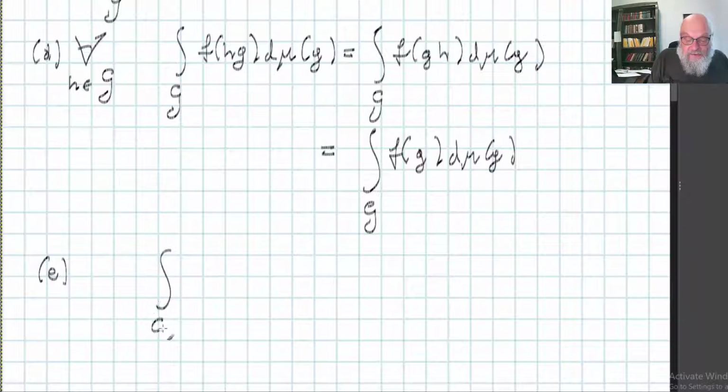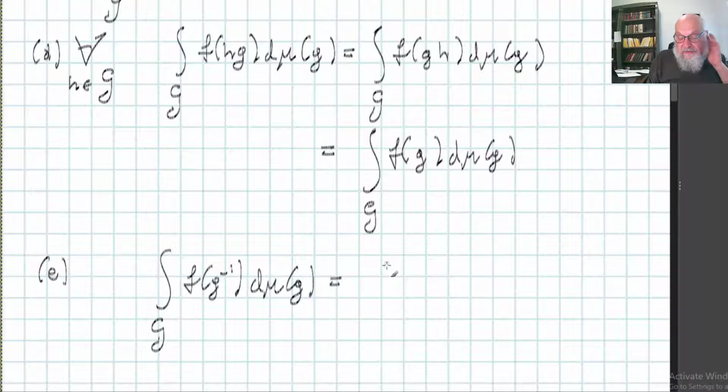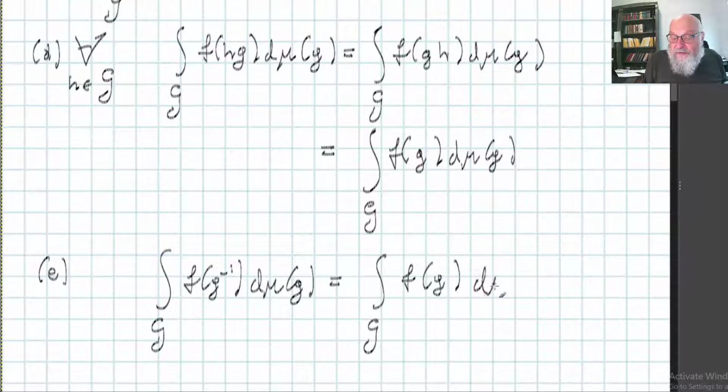And then finally E: the integral over G of f(g^-1) d mu(g) is equal to the integral over G of f(g) d mu(g).